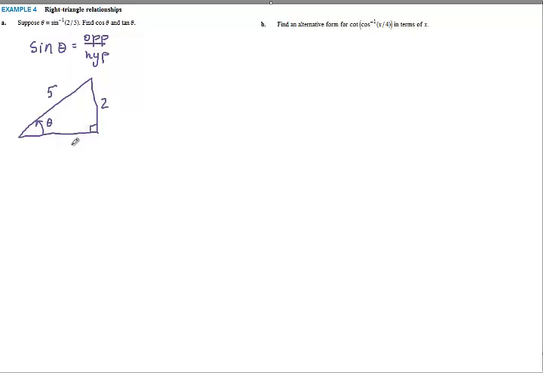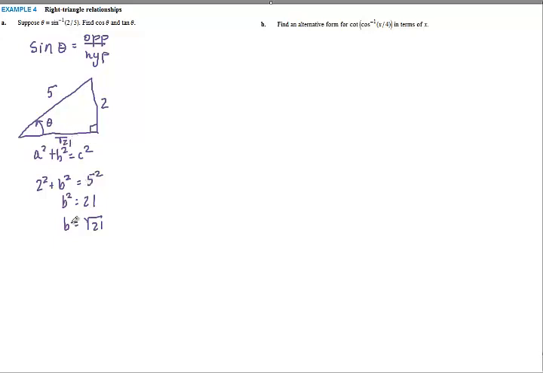I can get this other value by using the Pythagorean theorem. A squared plus b squared equals c squared. So 2 squared plus b squared equals 5 squared. B squared equals 25 minus 4 is 21. B is then going to be the square root of 21, whatever that might be.